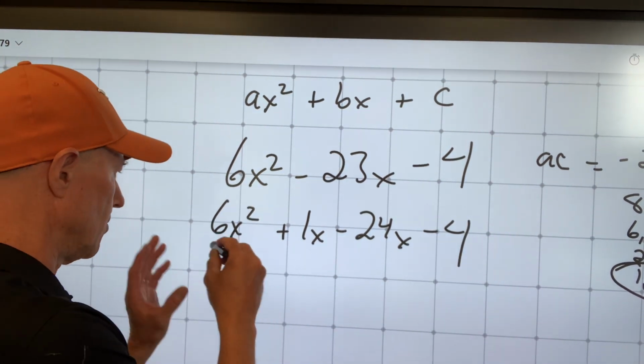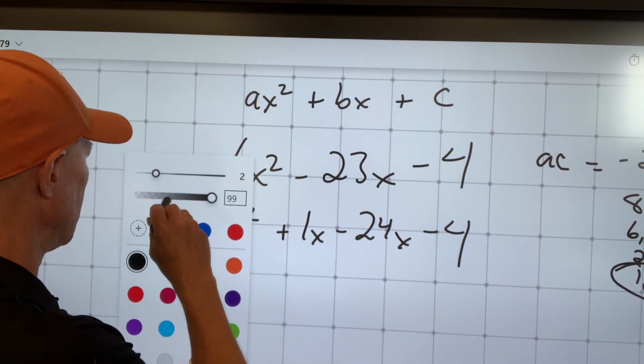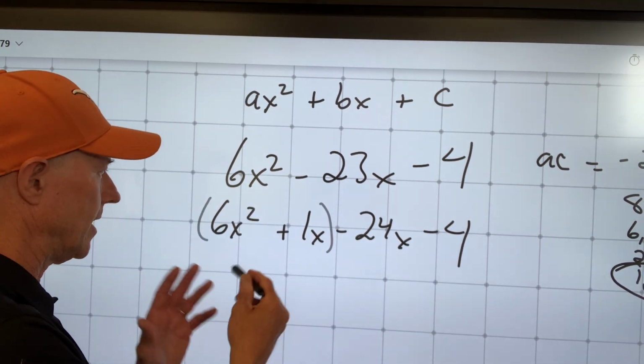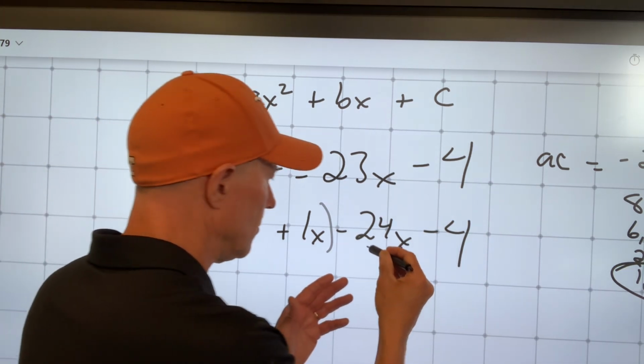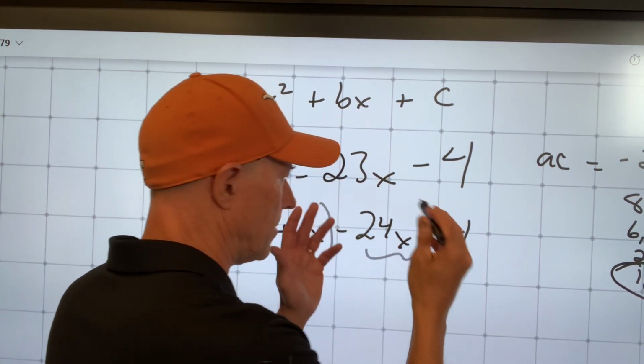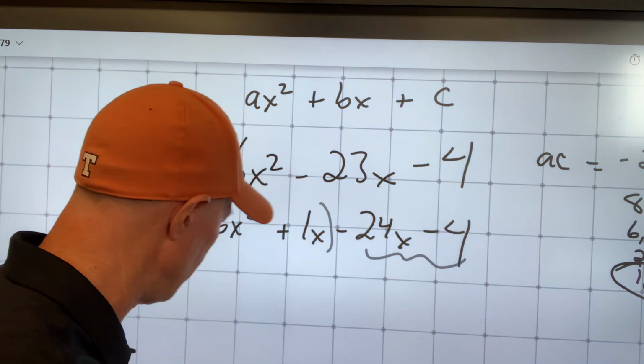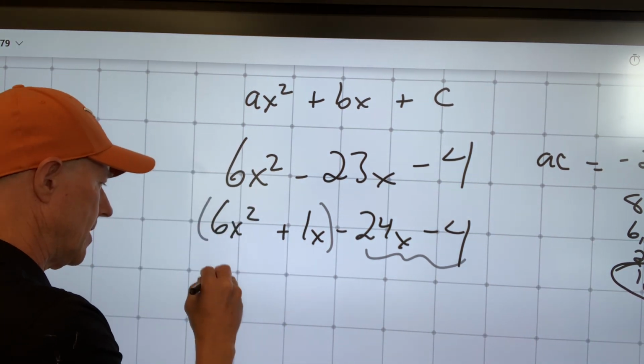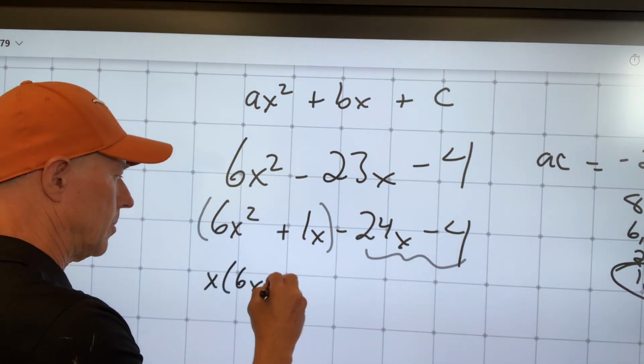You look at this group only. Let me do this in smoke. You think of this as just a binomial and you take out the greatest common factor. And then you look over this and think of it as a binomial and you take out the greatest common factor. So doing that, the greatest common factor here is x, and I get 6x plus 1.